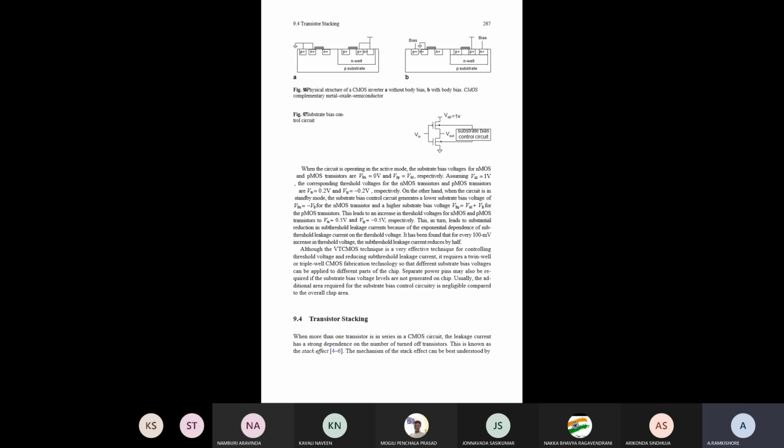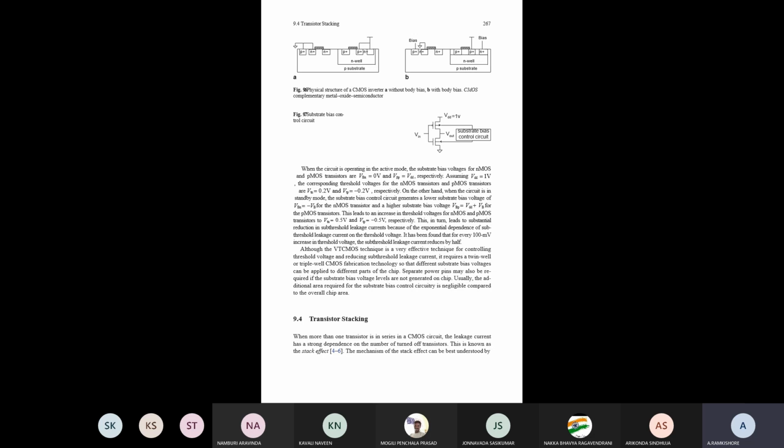When we compare the circuit without the substrate bias control circuit and with it, the threshold voltages may vary exponentially. Due to this variation of the threshold voltages, the subthreshold leakage current is definitely reduced.